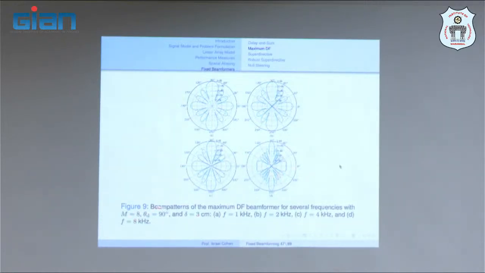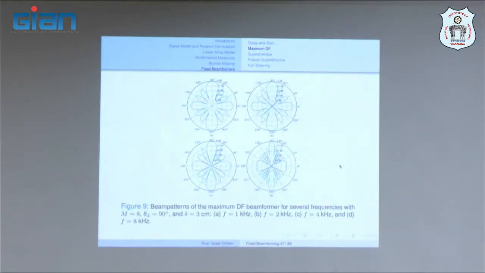If you compare it to what we had with the maximum white noise gain beamformer, you see that with the maximum directivity factor, we obtain a much more narrow main beam. So it means that these beamformers are more directive. That's why the directivity factors are higher.